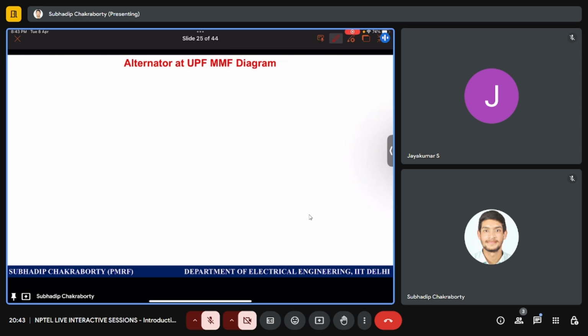Now let us look at the MMF diagram, right? What is the MMF diagram? We are analyzing the three MMFs. What are they? One is field, one is armature, one is net.